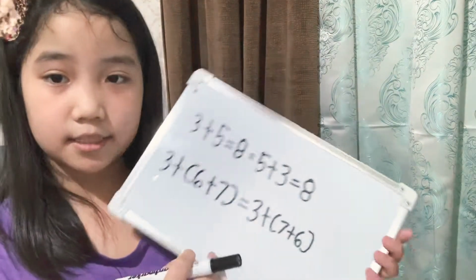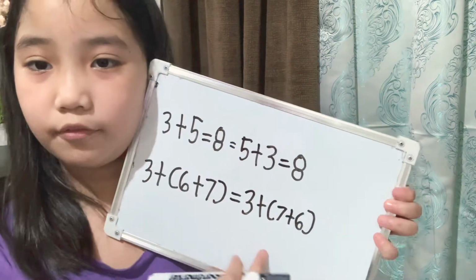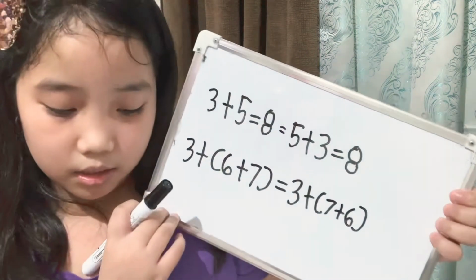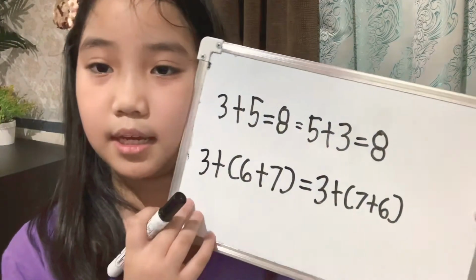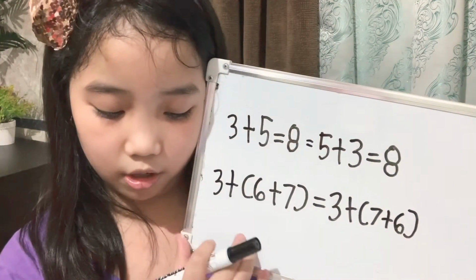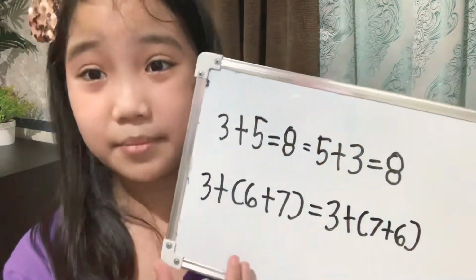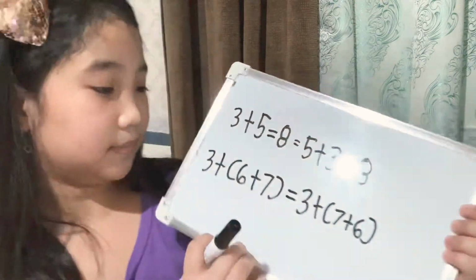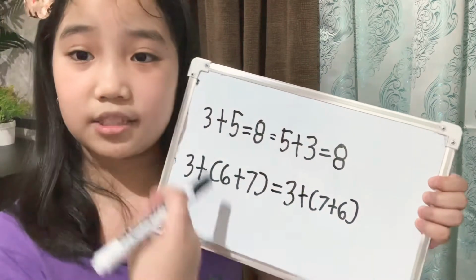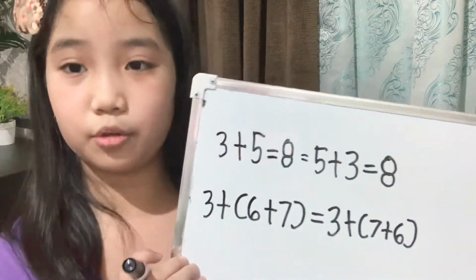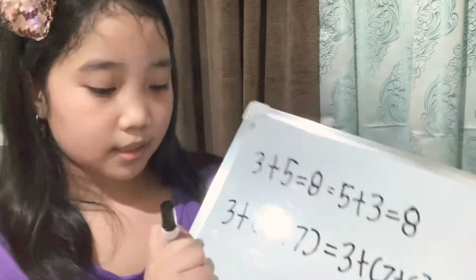So this is the other example of commutative property. It changes the orders of the addends, but the sum is still the same. So that's the example of commutative property.